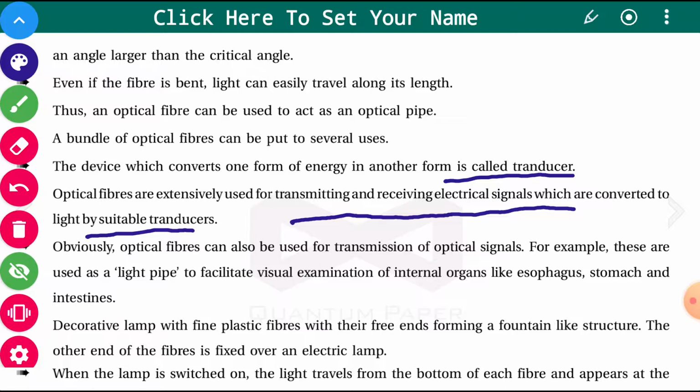These signals which are converted into light are again transmitted through the fiber. Obviously, optical fiber can also be used for the transmission of optical signals. For example, these are used as light pipes to facilitate visual examination of internal organs like the esophagus, stomach and intestine.